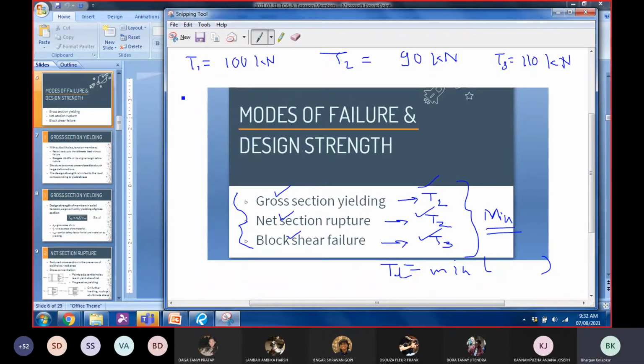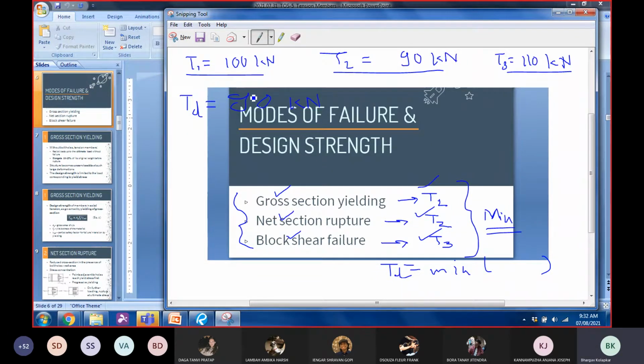Now I have to find what is the maximum force that I can apply on this member. The maximum force that I can apply on this member is the minimum of T1, T2, T3, which is 90 kilonewton.